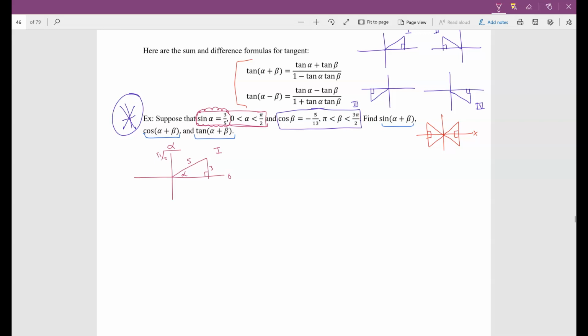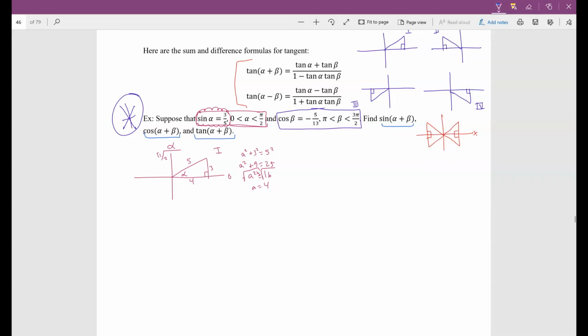So the other guy is going to be a squared plus b squared equals c squared. So you get a squared plus 9 equals 25. A squared equals 16. A equals 4. So that means this guy's going to be equal to 4. Okay. Now, normally, remember that when you square root both sides, you technically write plus or minus. Now, in this case, it's not going to be minus because we're in quadrant 1. Everything is positive there.